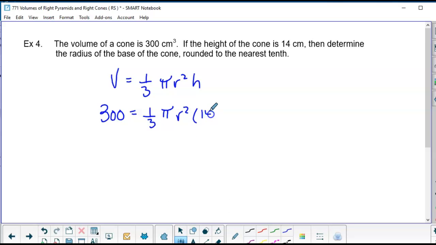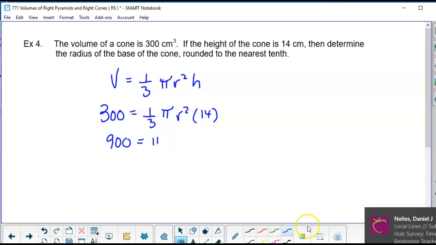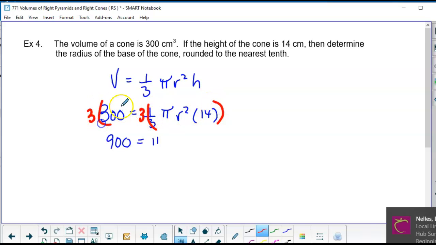And the height is 14. So that's going to be 900. Sorry, I'm going to multiply through by 3. Show my work here. I'll do this in 2 steps.